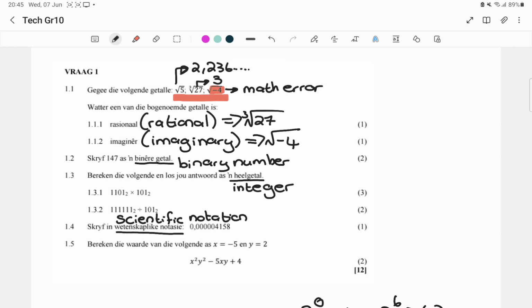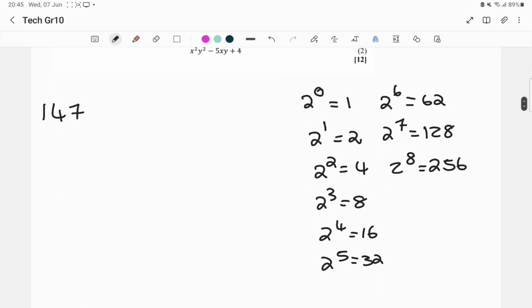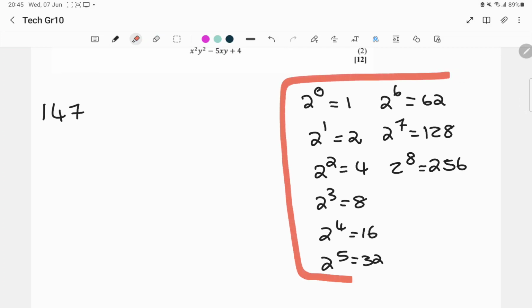So question 1.2 reads, write 147 as a binary number. Skryf 147 as 'n binêre getal. Alright, so I already started it. So remember, binary numbers always work in 2 to the power of something.